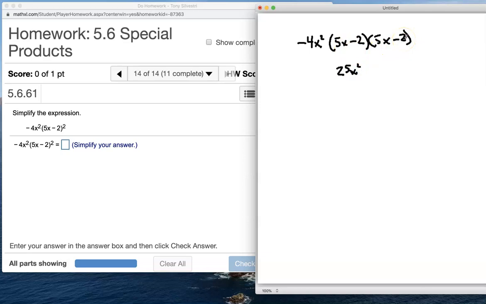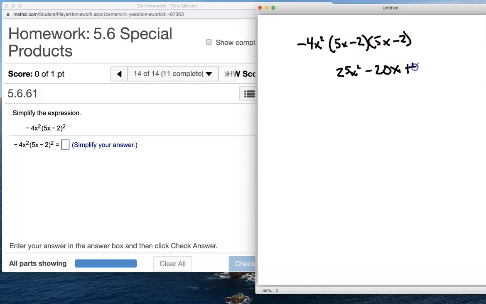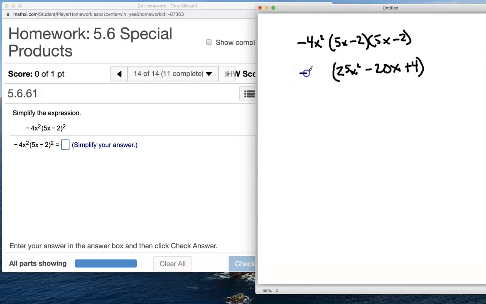Outer is minus 10x. At this point, we've done this so much, I think you're going to see the pattern. It's going to be minus 10x plus another minus 10x. Minus 20x. That's outer and inner combined. And then minus 2 times minus 2 is 4. That's what that is. Okay? Bring down the minus 4x squared.